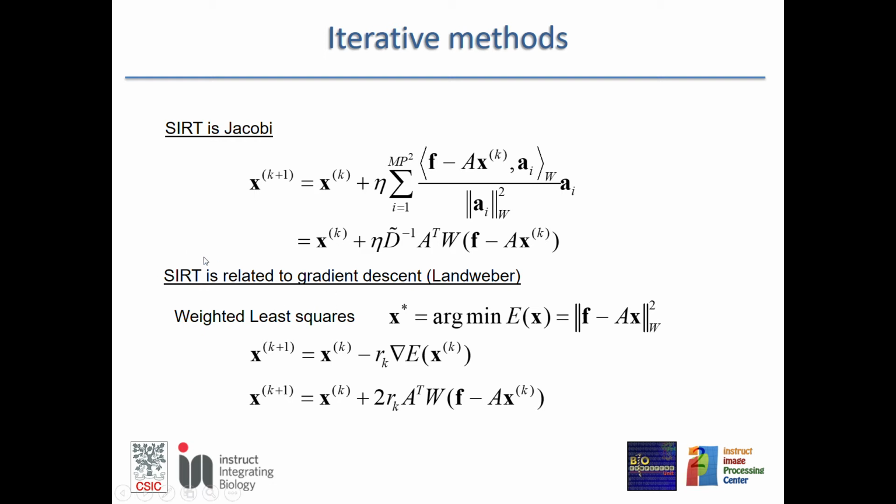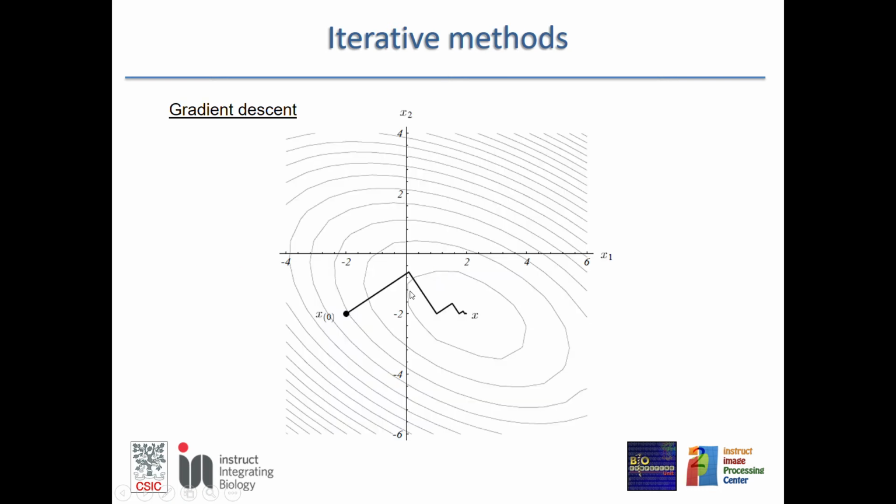Actually, there is a very nice connection between SIRT and gradient descent. Gradient descent is this algorithm where you start at a given location, your initial volume, and then you iteratively move towards the minimum of the goal function that you want to minimize.